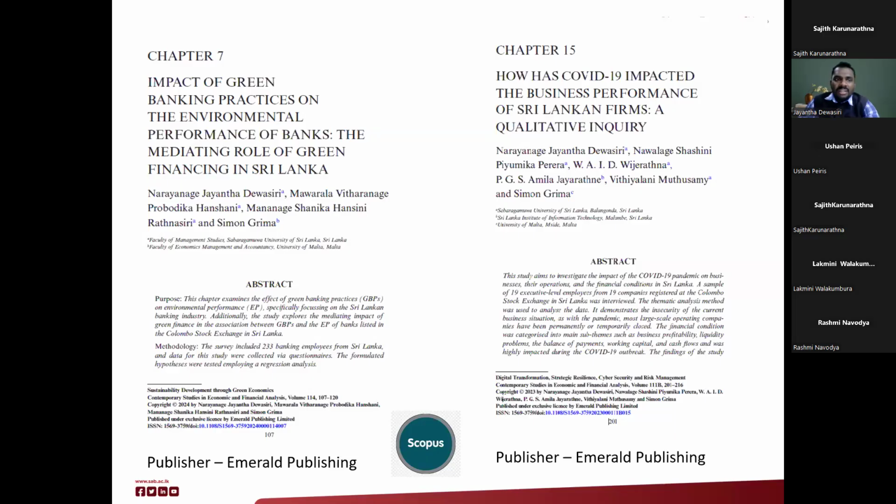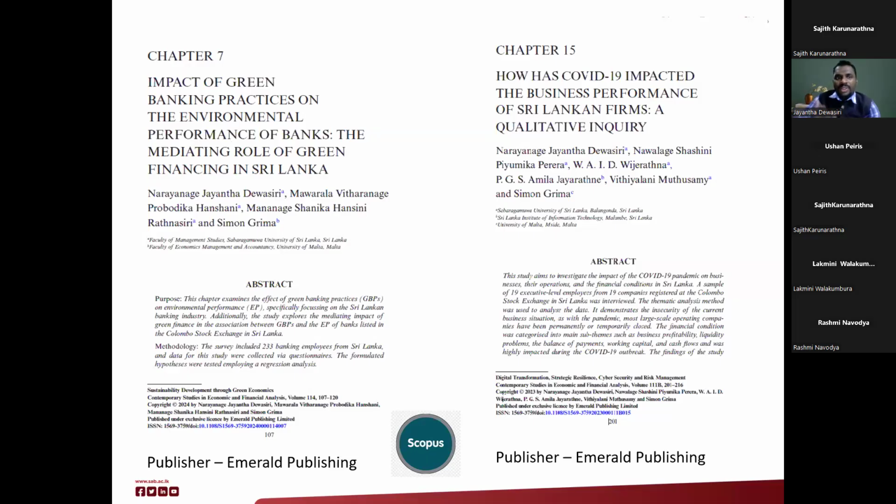She has done her study on the impact of green banking practices on the environmental performance of banks, the mediating role of green financing in Sri Lanka. Here you can see impact of. So impact is a relationship bounded research question, quantitative in nature.